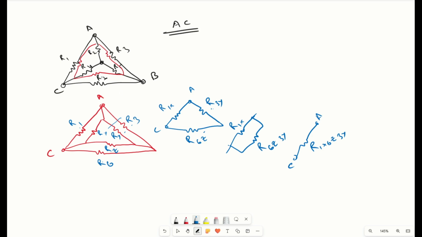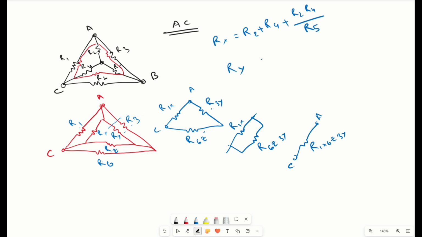So this is how we are going to solve the numerical. So what are the values of Rx, Ry and Rz? The value of Rx equals R2 plus R4 plus R2 into R4 divided by R5, right?